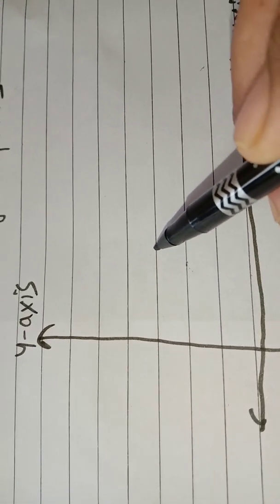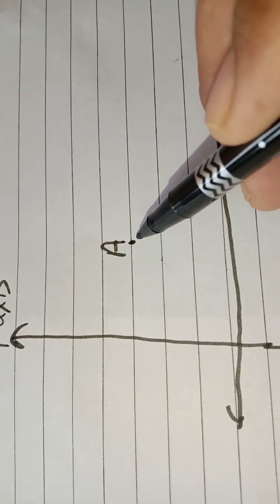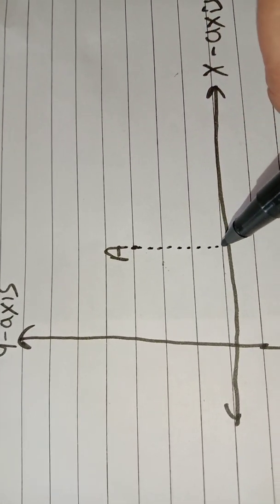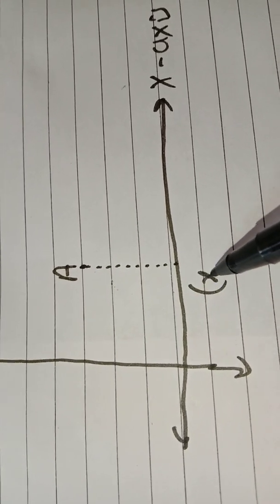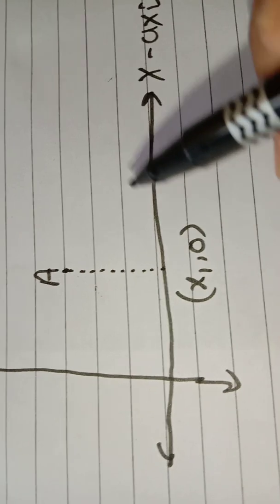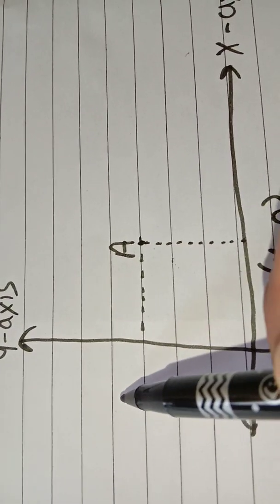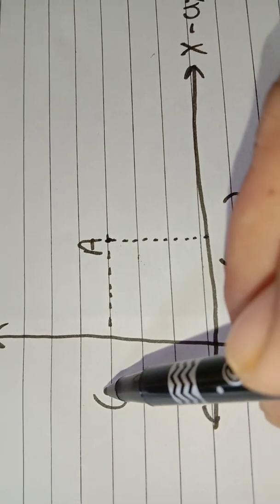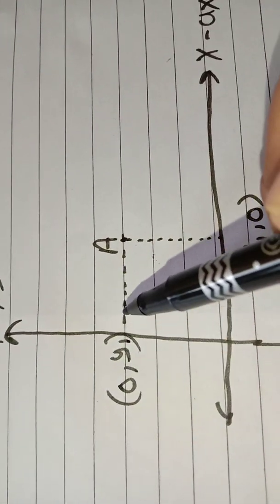Okay, so let A be the position of a point somewhere in the plane, and if I consider its x-axis coordinate, it will be x1, 0. Why? Because this point is on the x-axis, and if I am going here on the y-axis, it is 0, y1, because I am considering it as the y-axis.